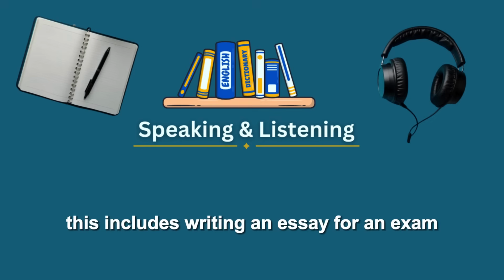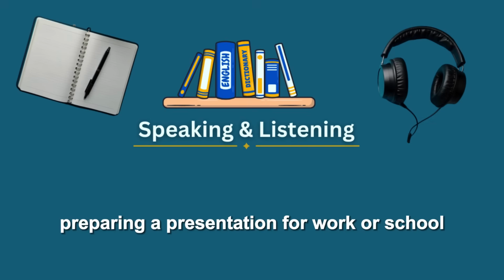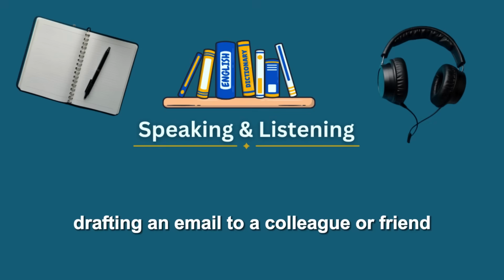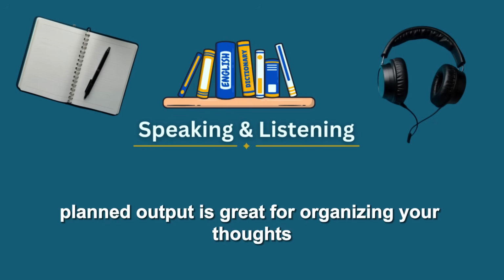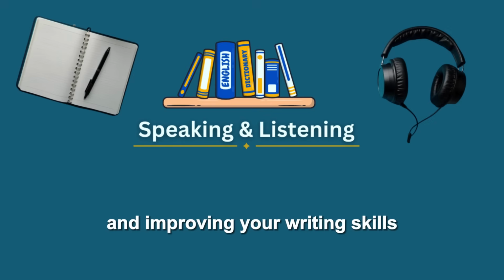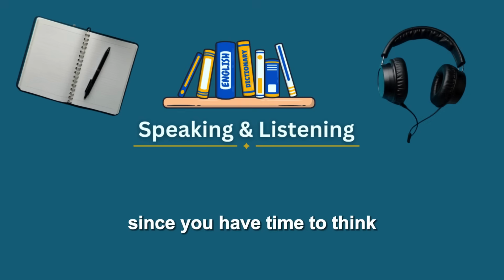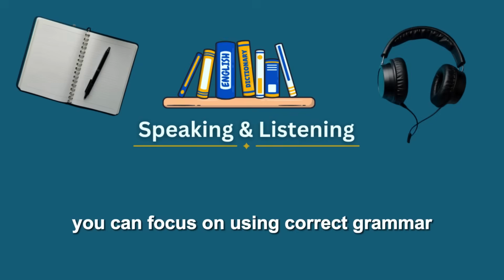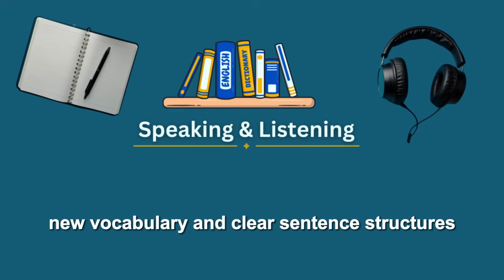This includes writing an essay for an exam, preparing a presentation for work or school, drafting an email to a colleague or friend. Planned output is great for organizing your thoughts and improving your writing skills. Since you have time to think, you can focus on using correct grammar, new vocabulary, and clear sentence structures.